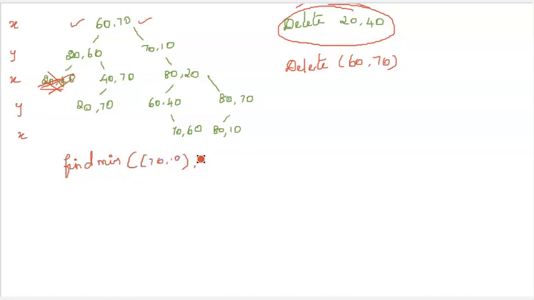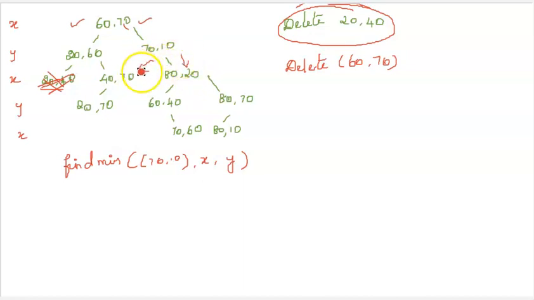So my dimension is actually x, but my current dimension is actually y, because 70 10 is in y. Okay, so I have to find the minimum. Hence, my original dimension x is not matching with y. I have to search in both the directions. Okay, so since I'm searching for an x minimum, I have to search in both the directions.